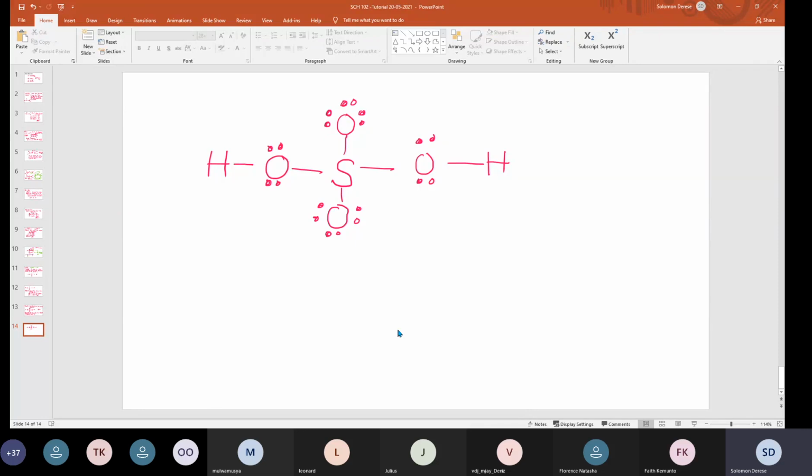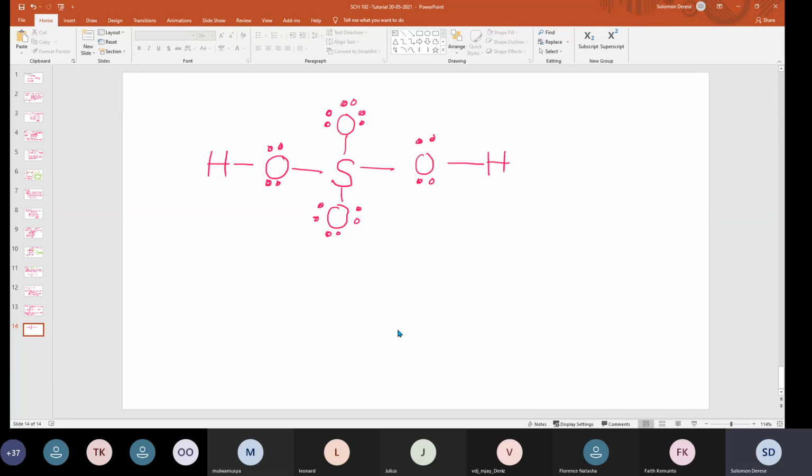Now, guys, tell me, is this the structure of sulfuric acid? Because you know what you see, we had how many electrons? 32. We have used all the 32 electrons.